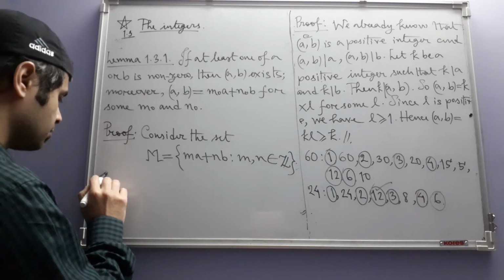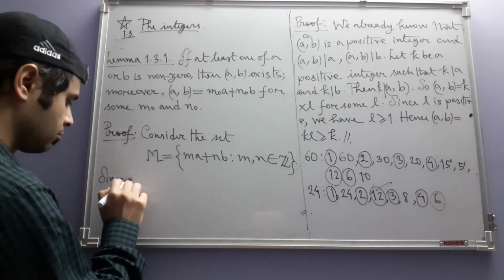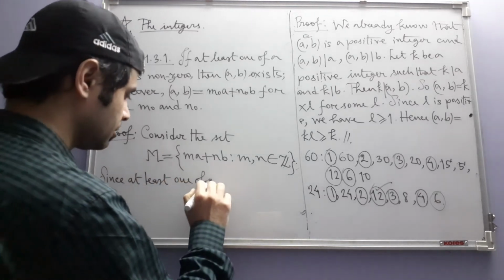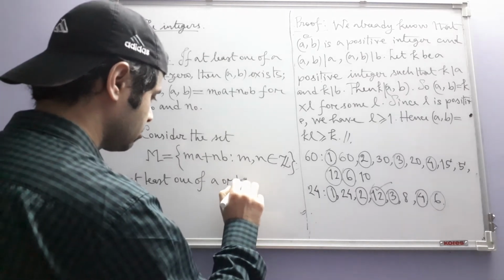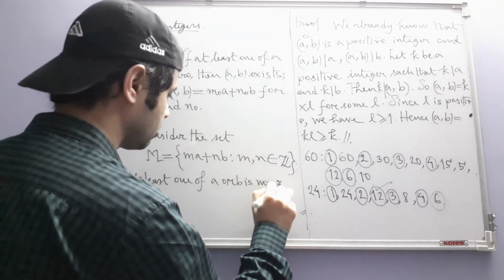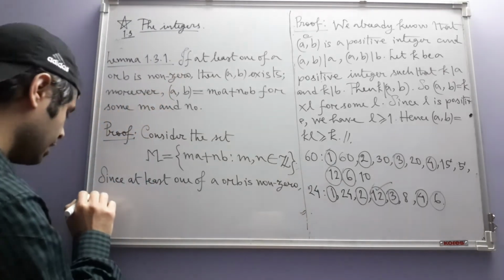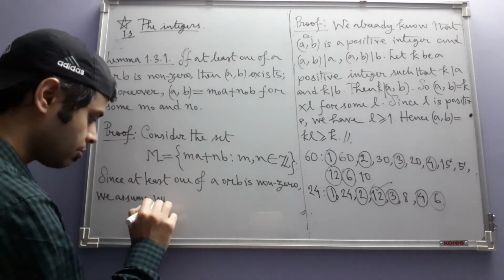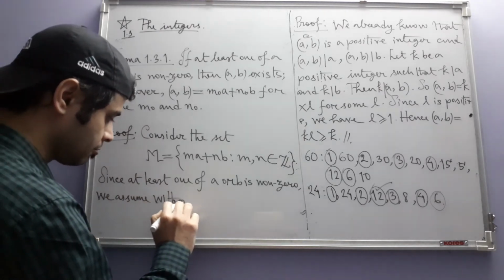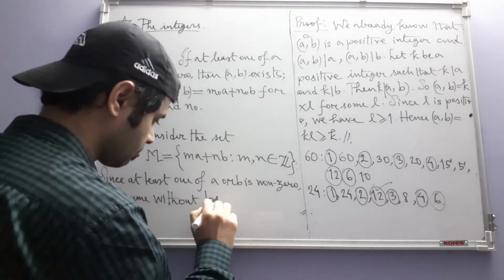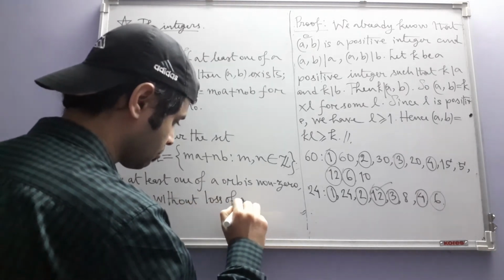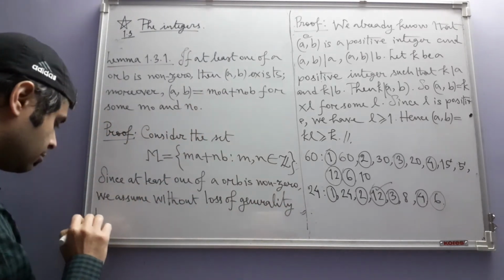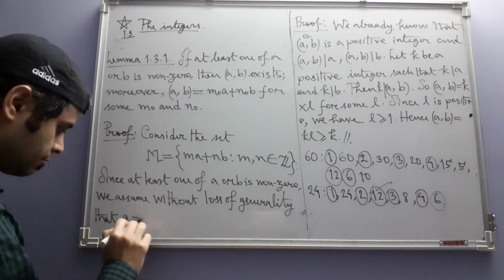Now, since at least one of A or B is non-zero, we assume without loss of generality that A is non-zero.